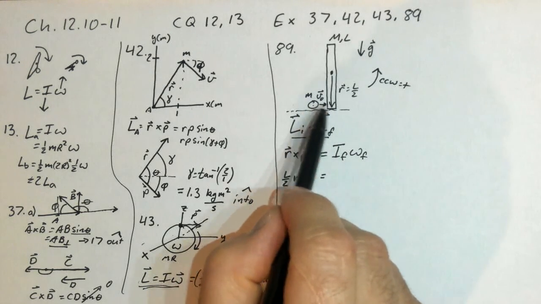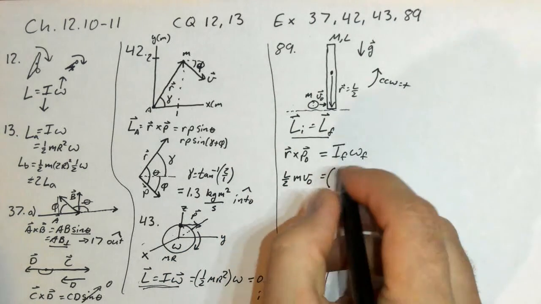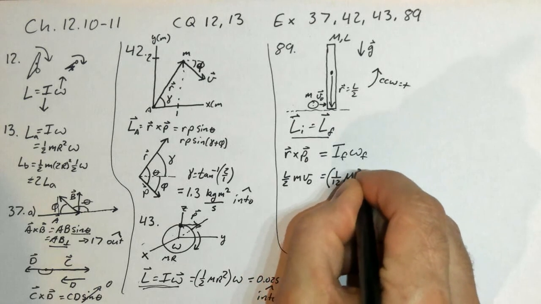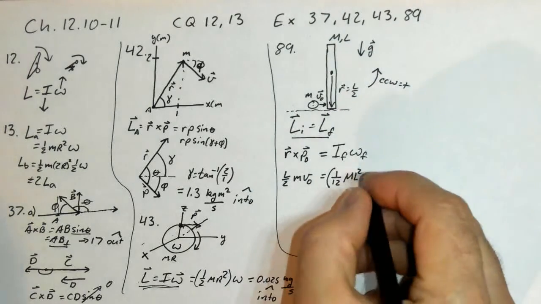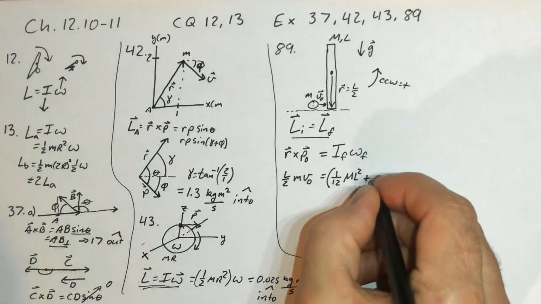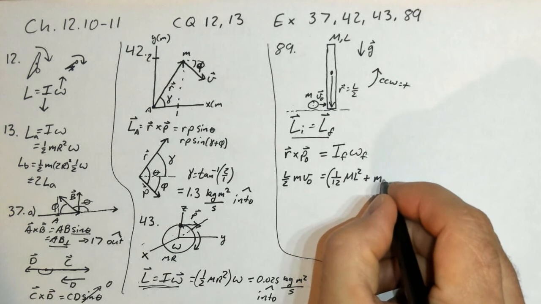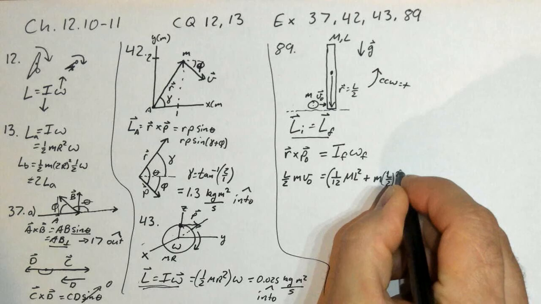So I have to add it to the general one. The rod is 1/12 m L squared, which I looked up in the table, pivoted about its center, plus the moment of inertia of a point particle, which is just the mass times the distance away from the pivot point, L over 2 squared.